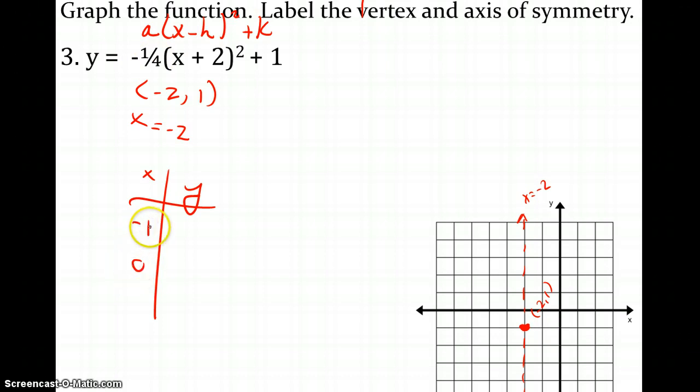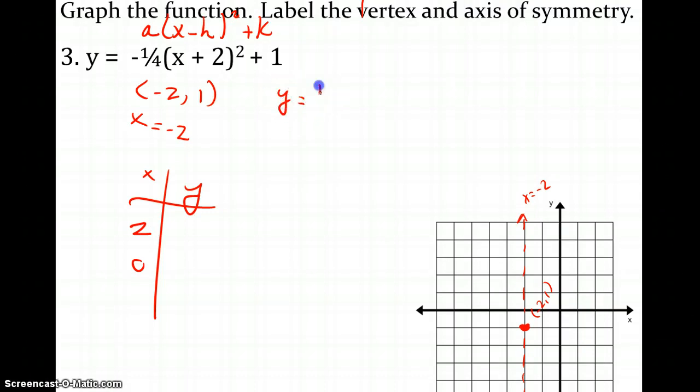But negative 1 would give me a fraction I still have to deal with here. So instead, what do you think I might use? Maybe we should find a number that will nicely multiply with the 1/4. So maybe we want a number like 2.